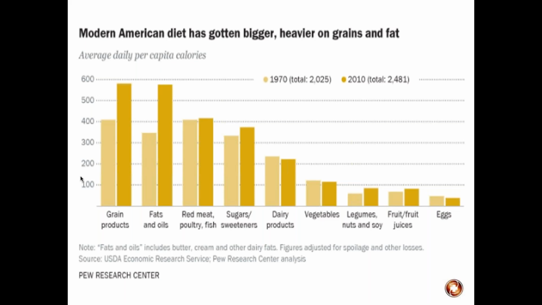And we know that if we go back to 1970, there have been two major increases with respect to the average American diet. Number one is we've seen almost a 50% increase in the consumption of grain, cereal, and flour-based products. And number two, there's been around a 30 to 40% increase in the consumption of oils, and in specific oils.